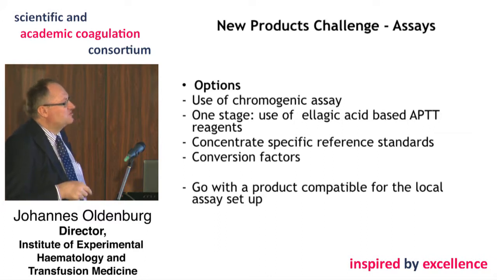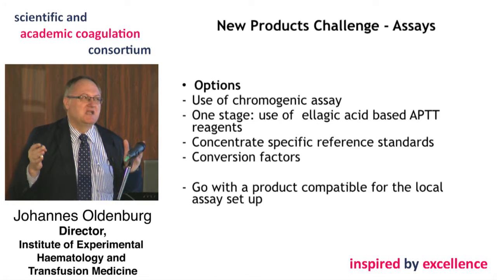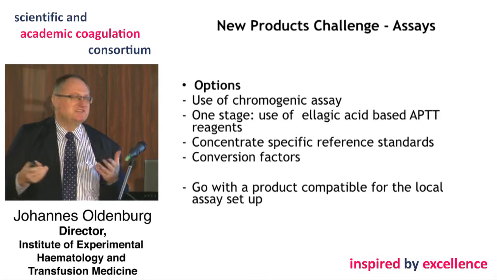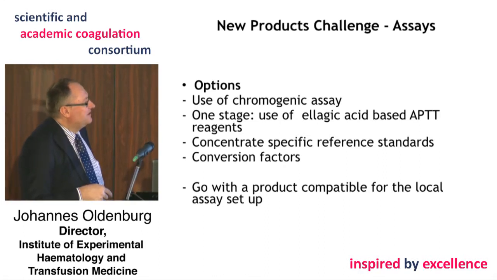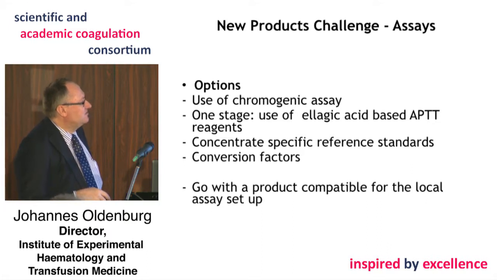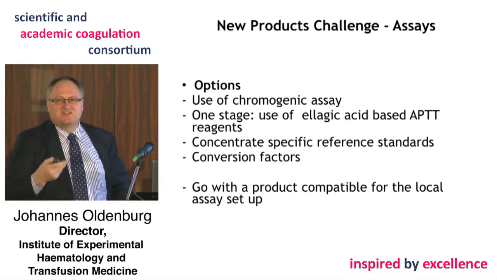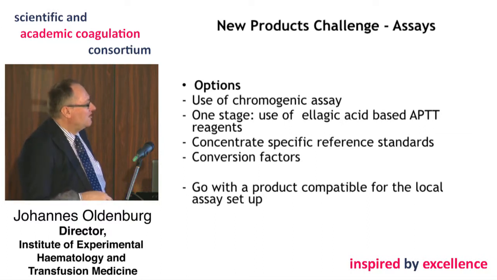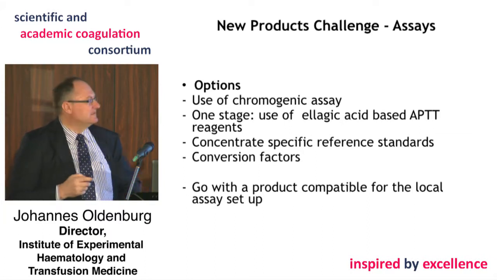We can use the chromogenic assay, which in principle is more robust towards these new concentrates. We can use the one-stage assay with a special composition that is allowed to determine the activity in those concentrates. We can use concentrate-specific reference standards, which is quite complicated, or we can use conversion factors. But all this is quite cumbersome.